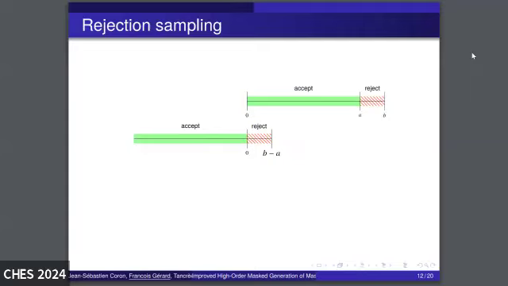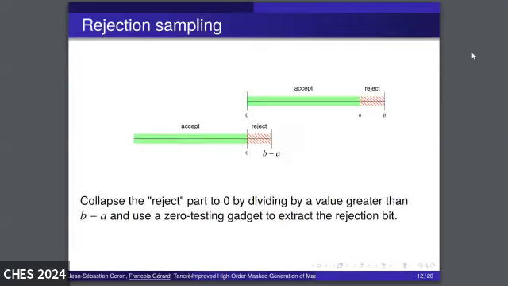And our idea is to divide by, ideally, b minus a, such that you collapse the reject part to 0. If you divide by b minus a, every value between 0 and b minus a is sent towards 0, while the other values are sent somewhere else. Then you can just test whether you have a 0 or not, and zero testing is something that we can do efficiently in masked form.